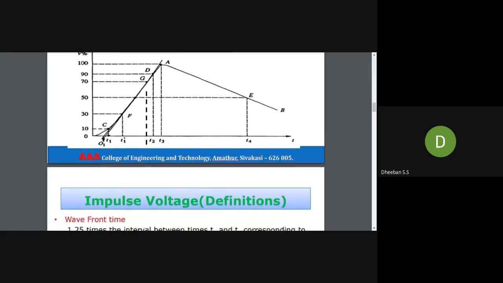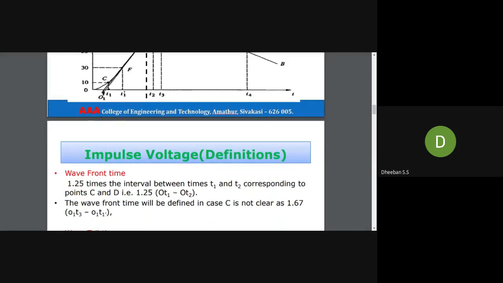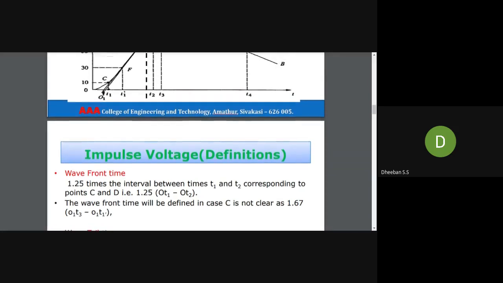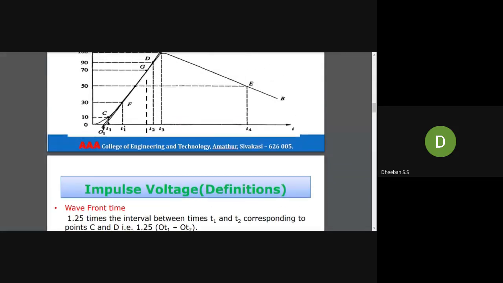This is one parameter. So wavefront time will be defined in case C. It is not clear as 1.67 times. So here the wavefront time is nothing but you have to take the duration between this T1 and T2 and you have to multiply with your 1.25 factor.